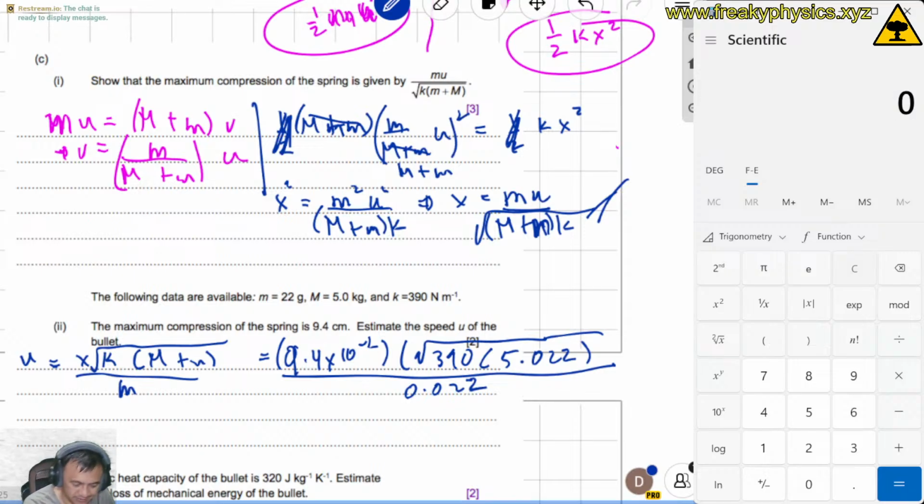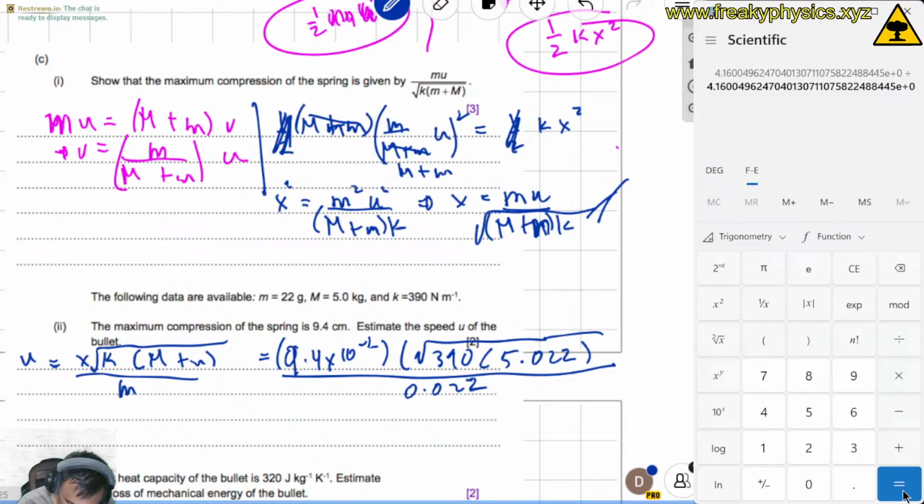You know what, that kind of messed up in the calculator. Let's do it again. 390 times 5.022. Let's start with this. Take the square root, times 9.4 exponent -2.